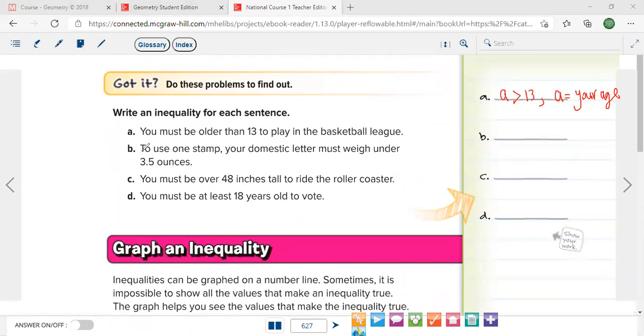Problem B: to use one stem, your domestic litter must weigh under 3.5 ounces. Under means less than. So we can say that W, for the weight, is smaller than 3.5, where W equals the weight of the litter.